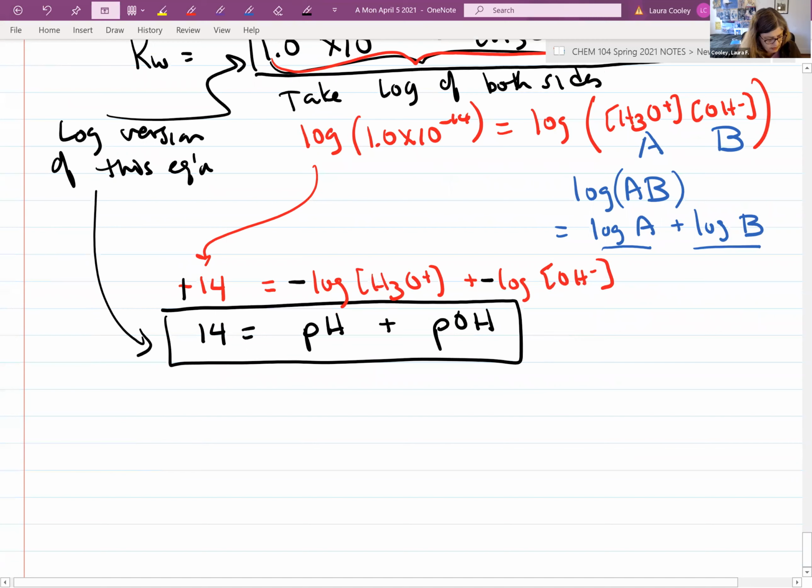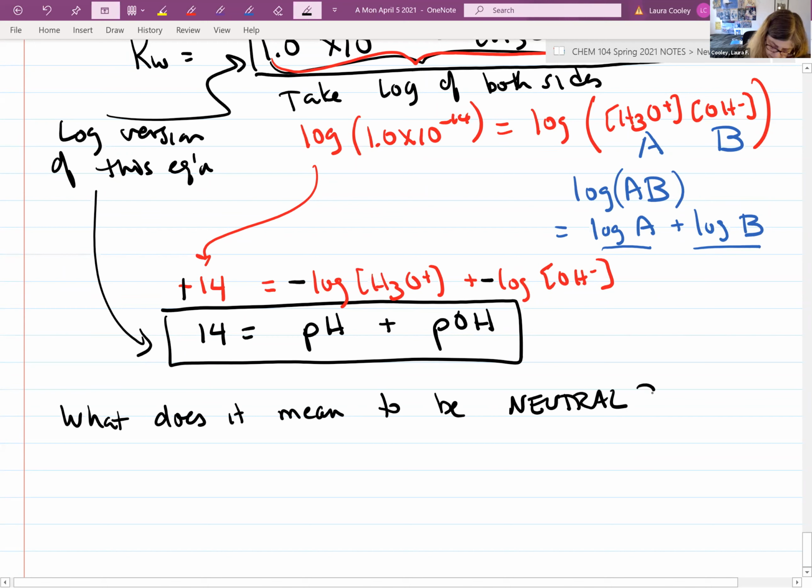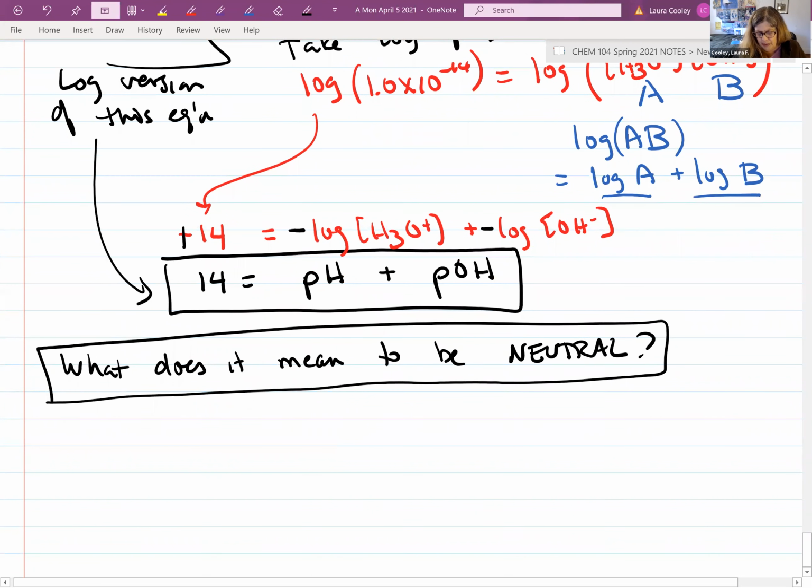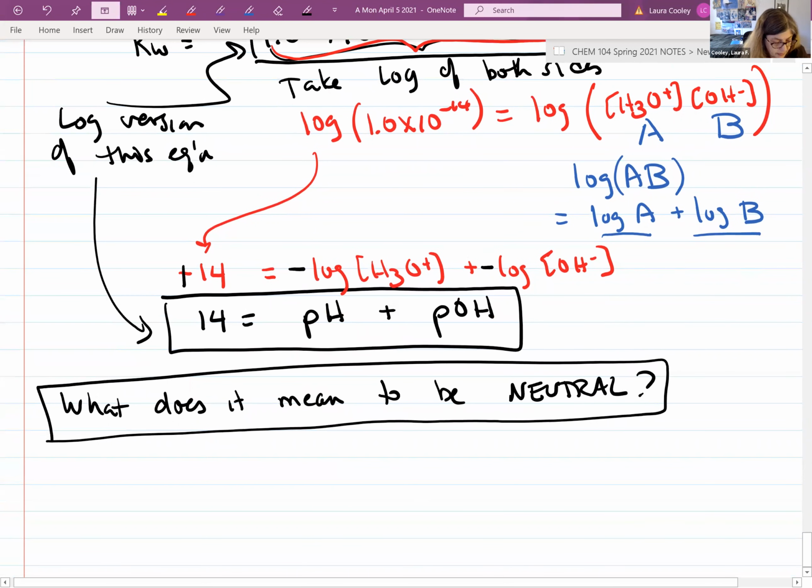So now what I'd like to talk about is, what does it mean to be neutral? So we say that a pH of 7 is neutral.